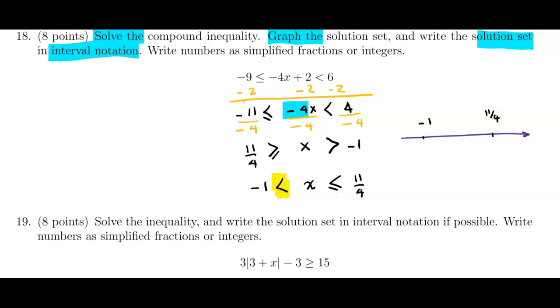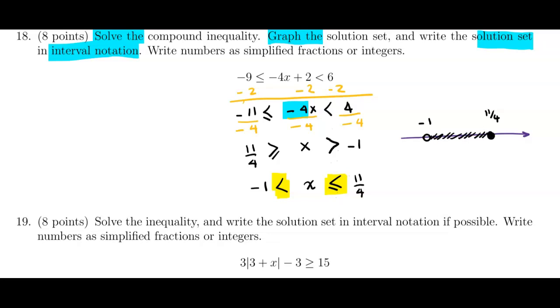For the other one, on the right side, it is a large inequality, so there is an equal sign. So we're going to make a circle and then shade it. Anything in between is your solution. So your solution is going to be this part over here.